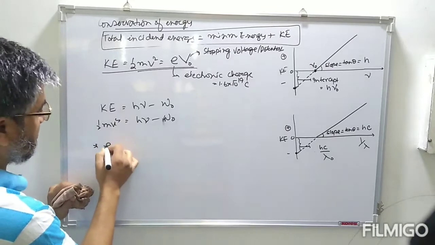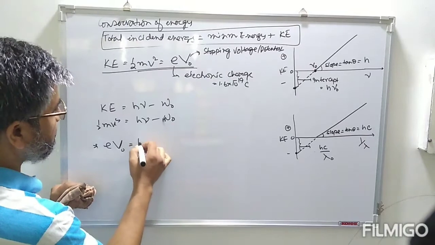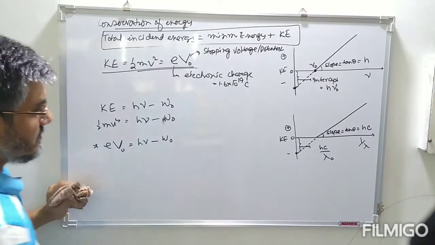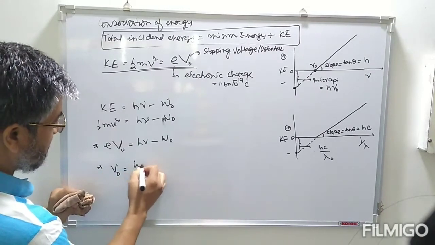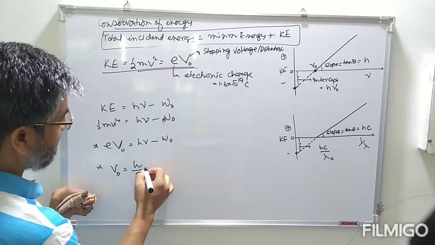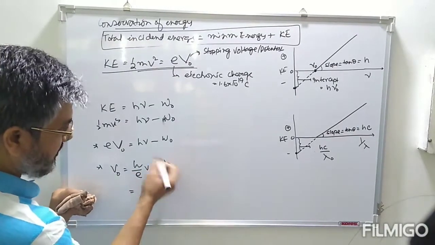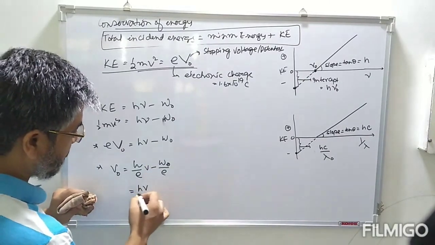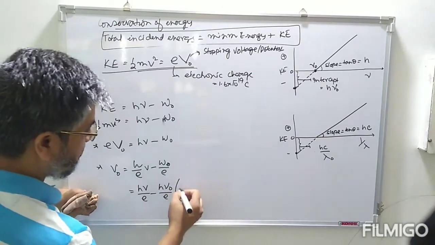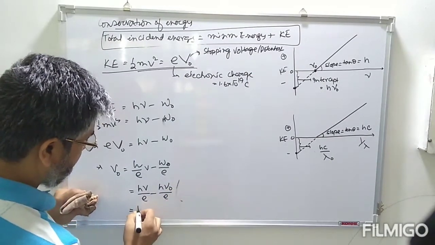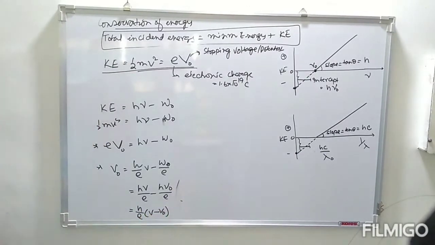So half mv square is eV naught, which equals h nu minus h nu naught, or stopping potential is h by e nu minus W naught by e. If W is also h nu naught, so we have h nu by e minus h nu naught by e, or we can say h by e times nu minus nu naught.